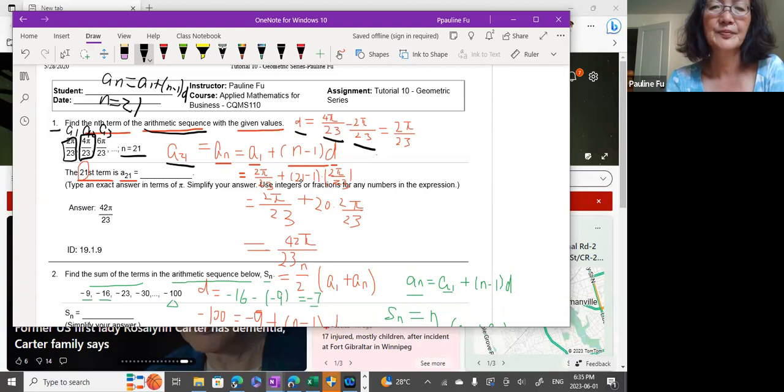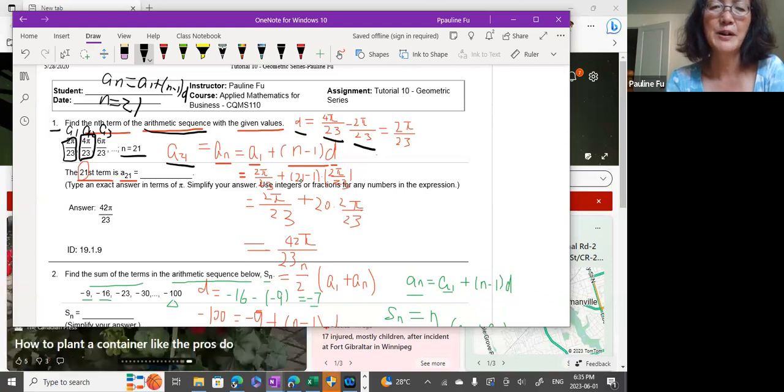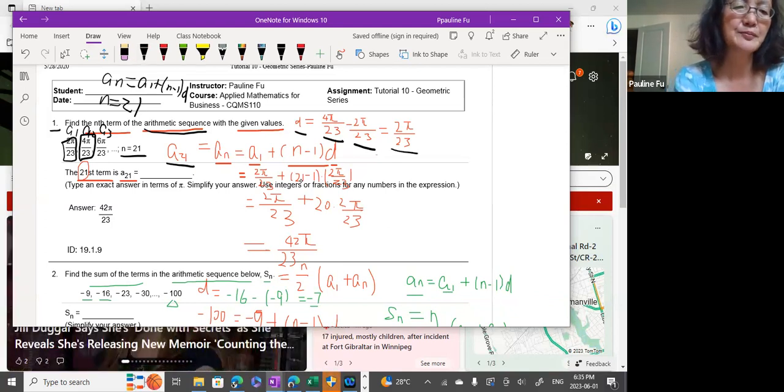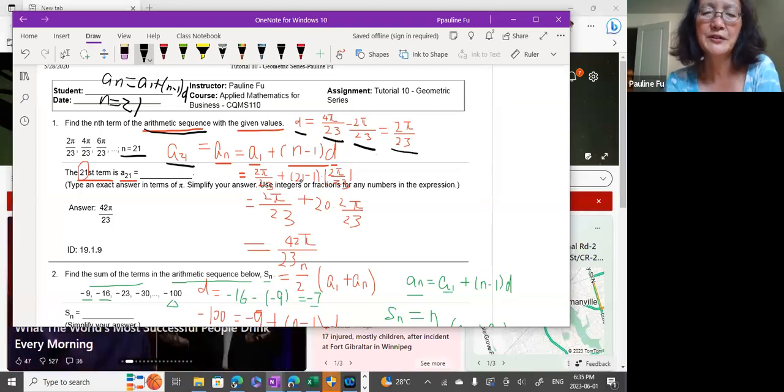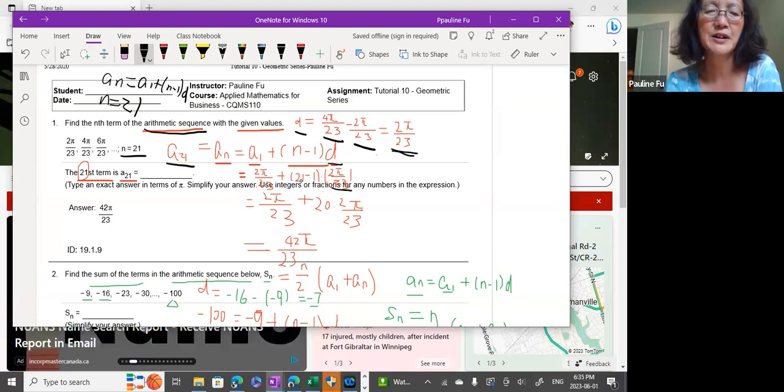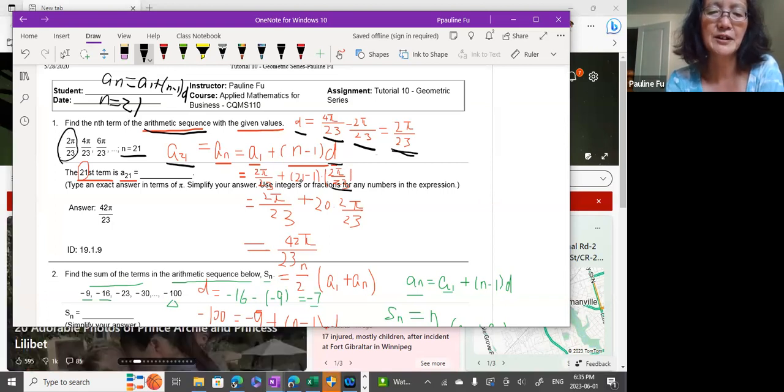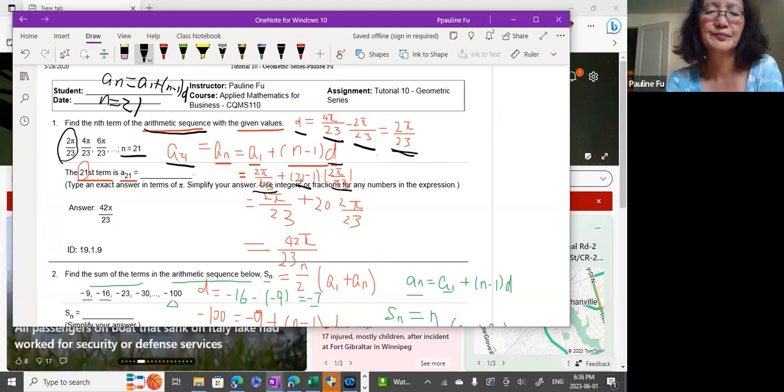So 4 pi over 23 minus 2 pi over 23, the result is 2 pi over 23. Once you get d, plug in d as 2 pi over 23. a1 is 2 pi over 23 here, and n is 21, as given.